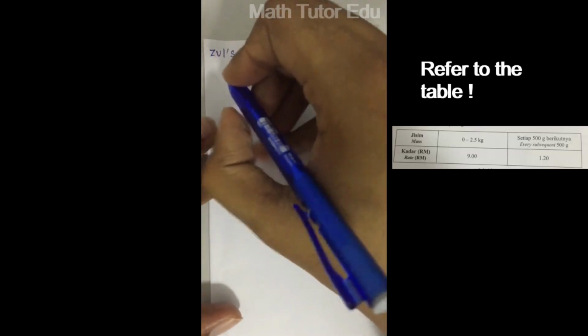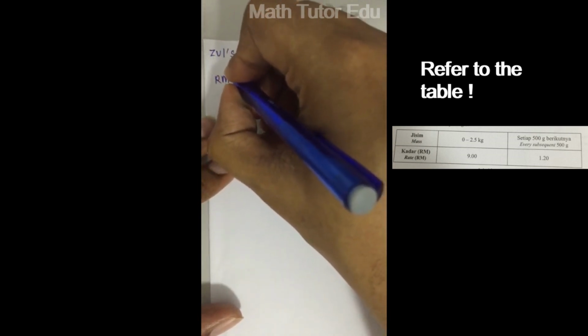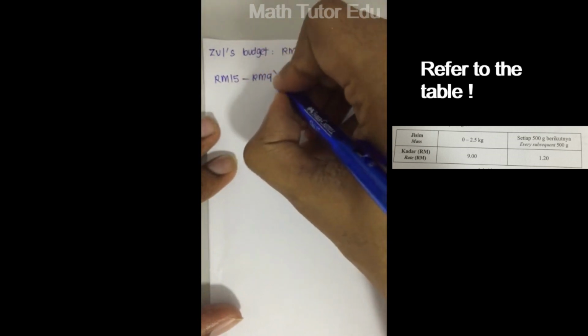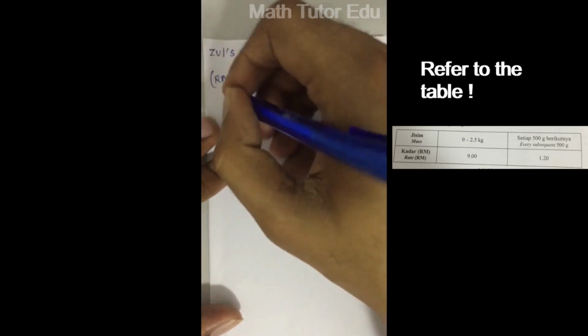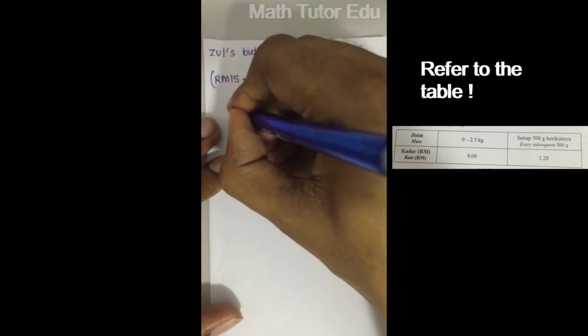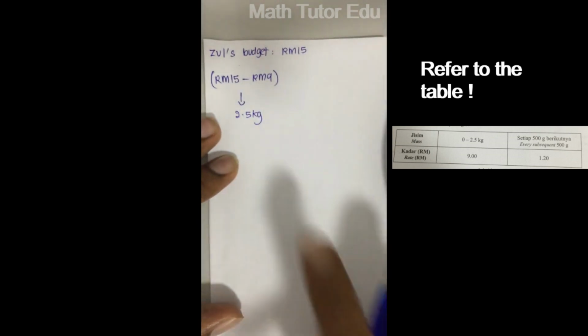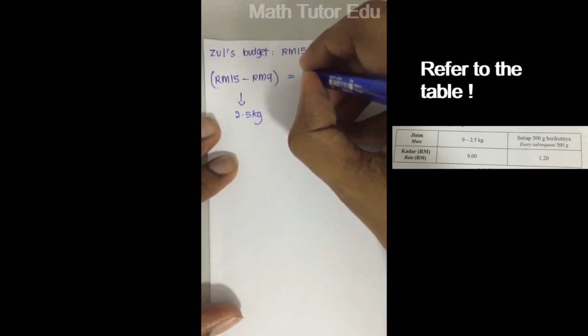So RM 15 minus RM 9. So we can take the highest possibility of this mass, in this case 2.5 kg. So from here, 15 ringgit minus 9 ringgit, you are only left with 6 ringgit.